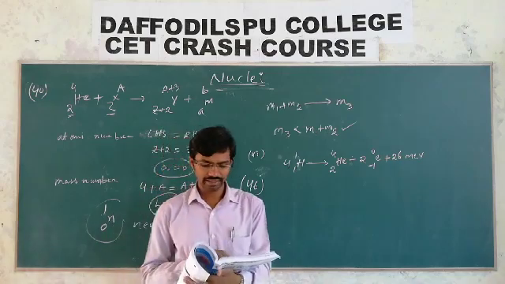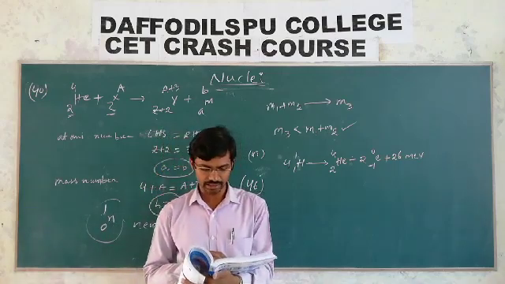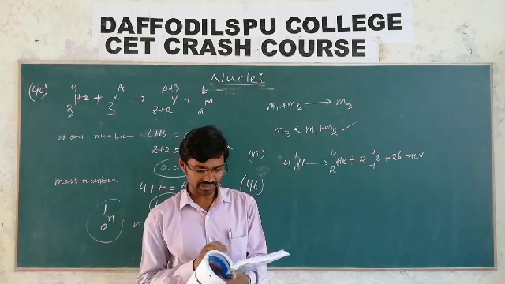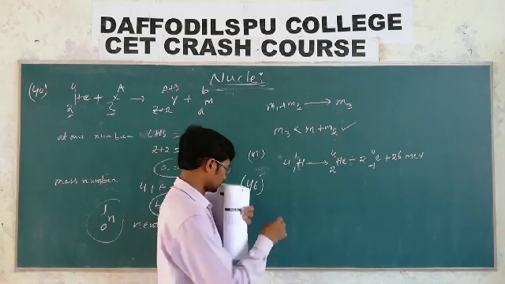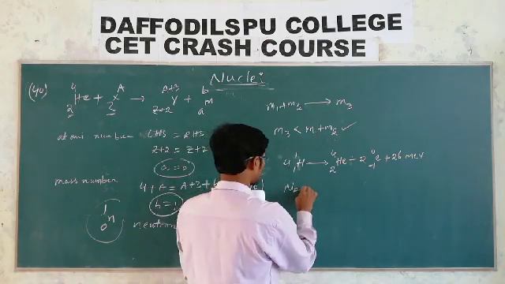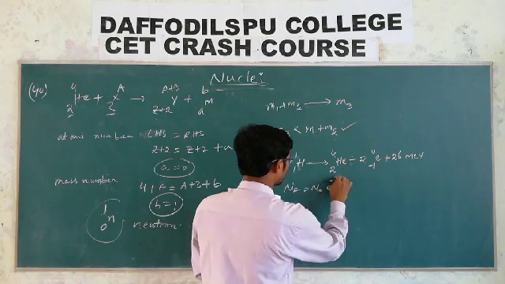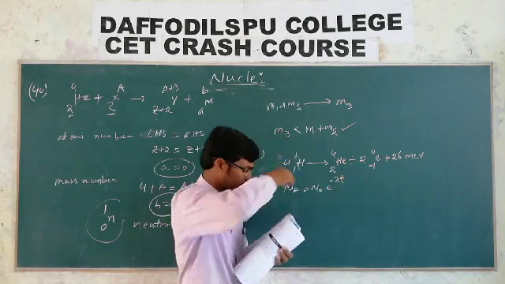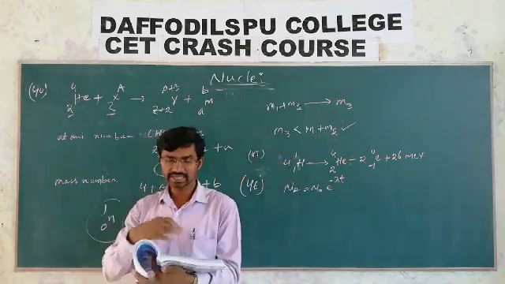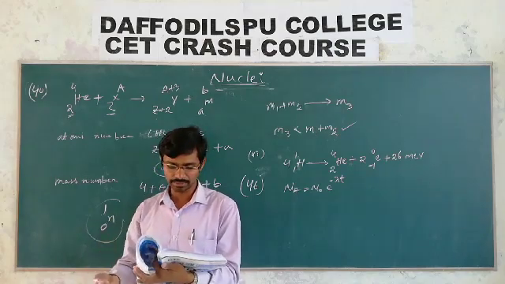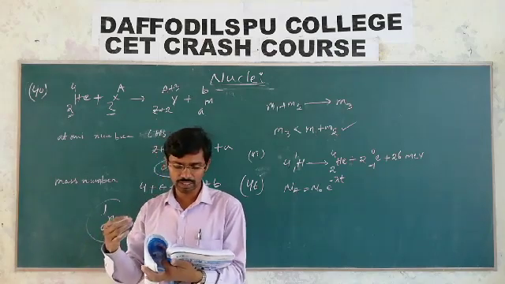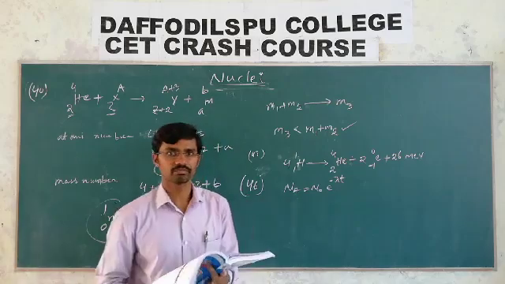A radioactive element A decays into a stable element B. Initially, a fresh sample of A is available. Then Na is equal to N0 into e power minus lambda T. Now, it decays into B. What will happen in this sample? Variation in the number of nuclei of B with time.